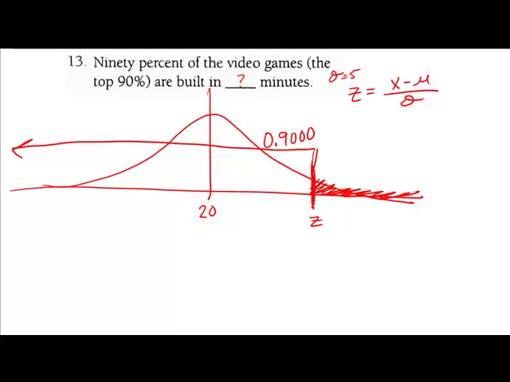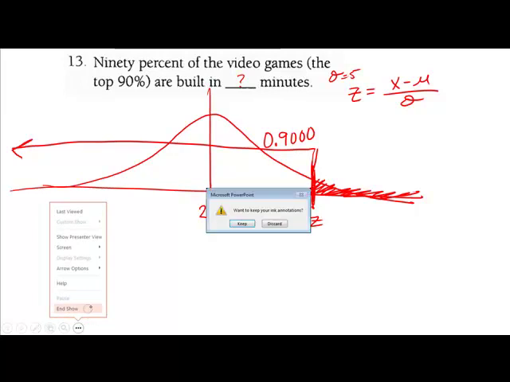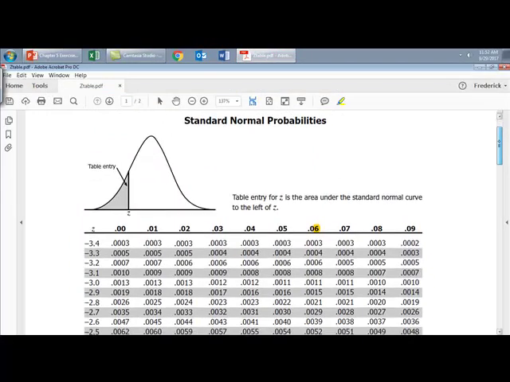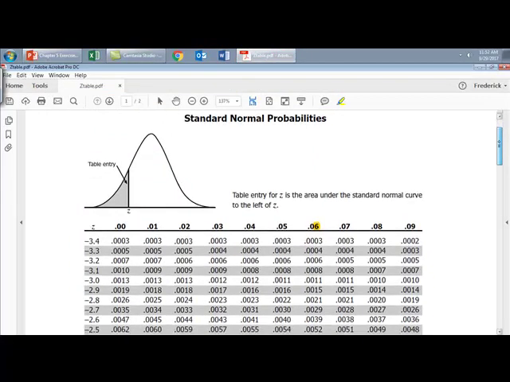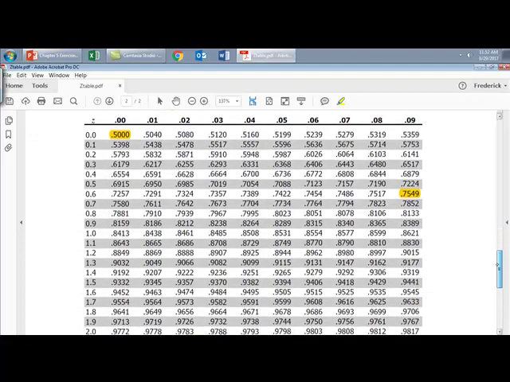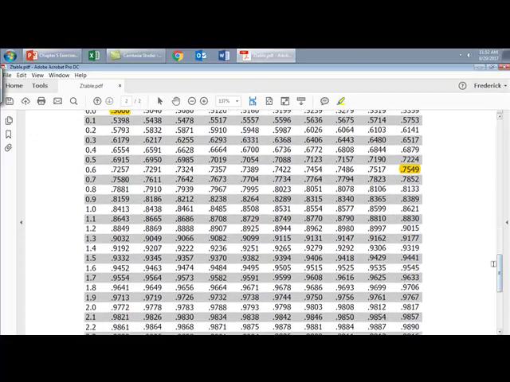Okay, so I'm going to start with my table, and I'm going to look in the field for 0.900. Well, 90%, it's not going to be negative. It's definitely going to be positive. Okay, so I'm looking for 0.9.